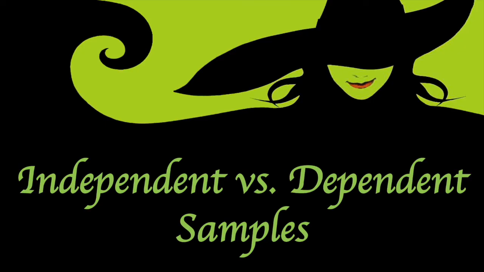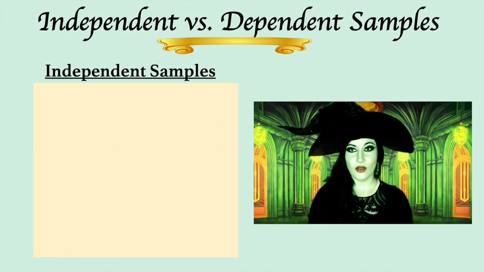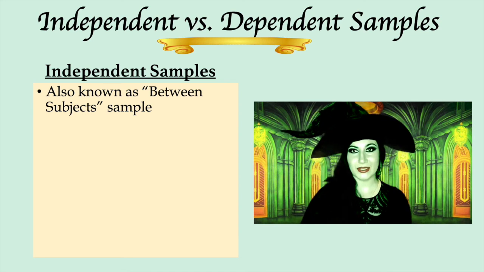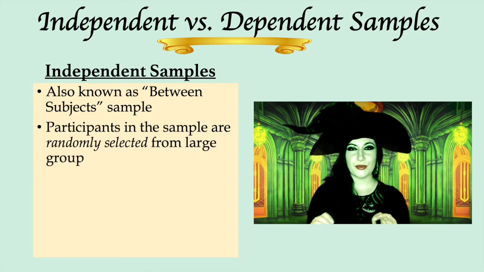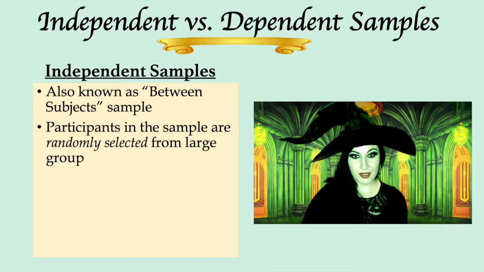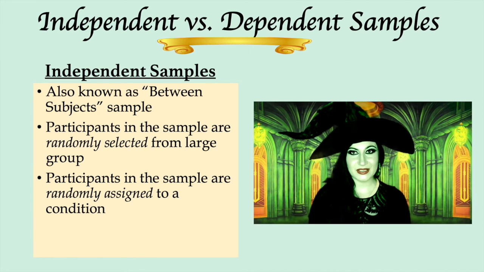So the first thing we need to understand is that independent samples are made up from specific types of participants. Independent samples is also known as between subjects design or a between subjects sample. So the participants in the sample are randomly selected from a larger population, and they are further randomly assigned to a specific condition.